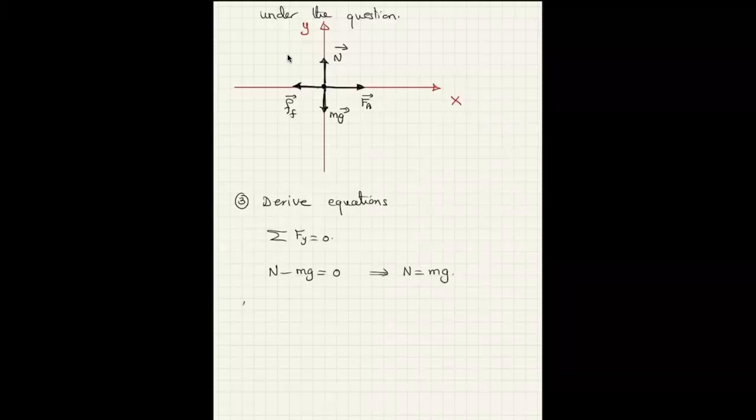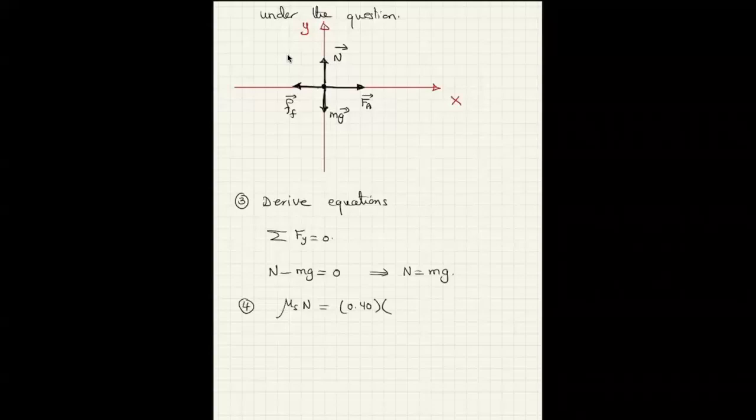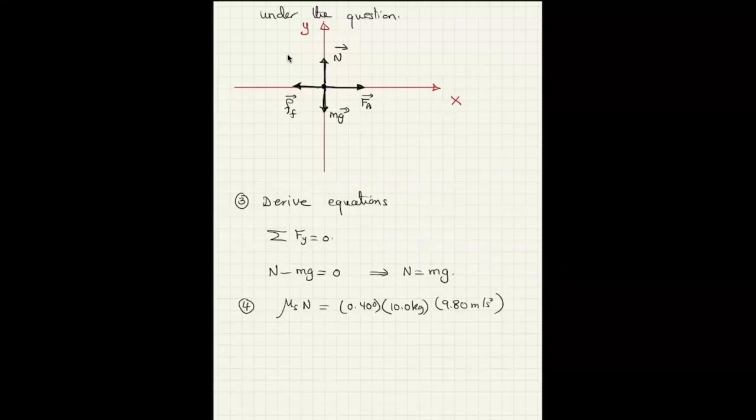For this question, I need to calculate the maximum value of friction, which is mu s times the normal. Then it's gonna be 0.4 times the weight, and the mass is 10 kilograms, and this is 9.8 meters per second squared. What I can do here is calculate Fs maximum, mu s times the normal, 39.2 newtons.